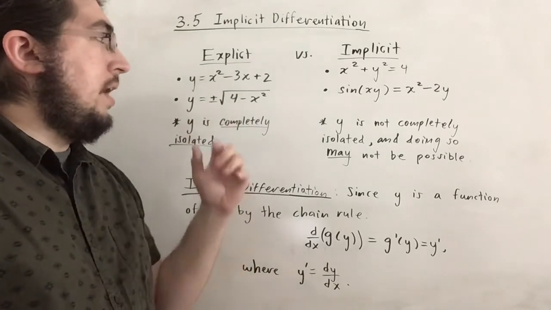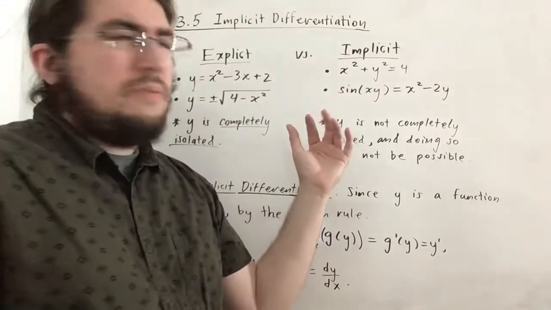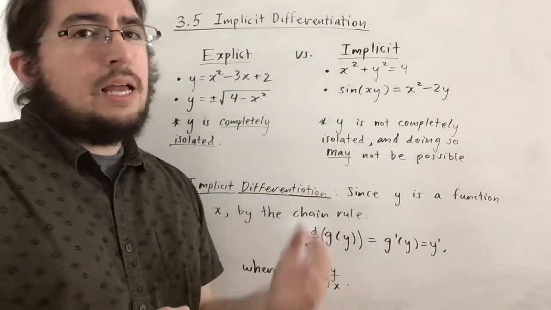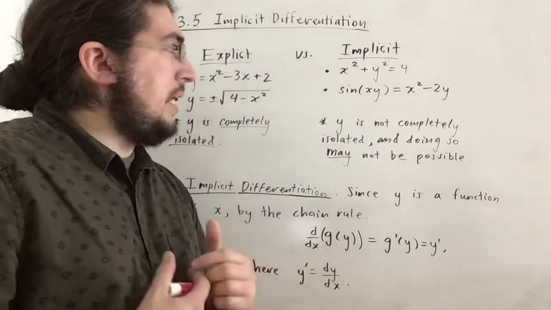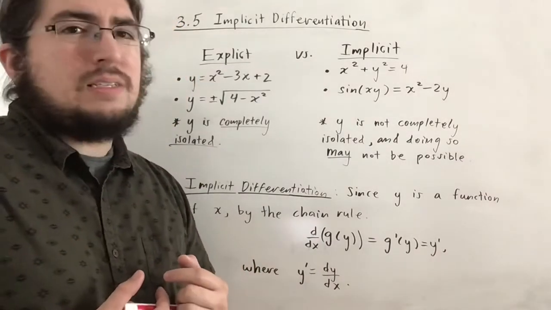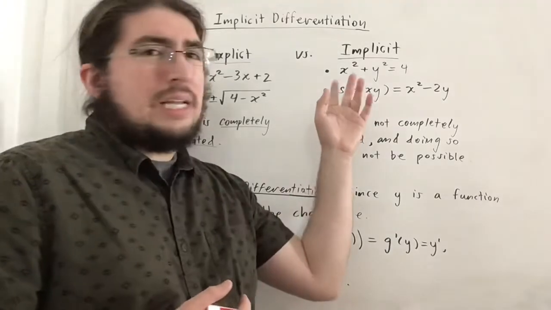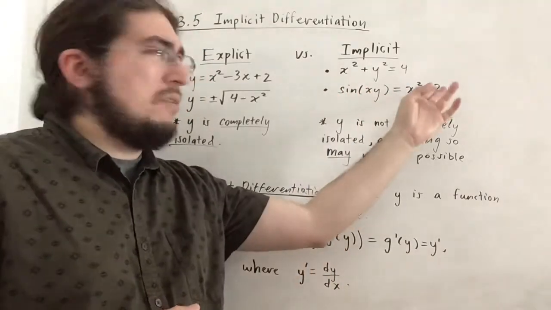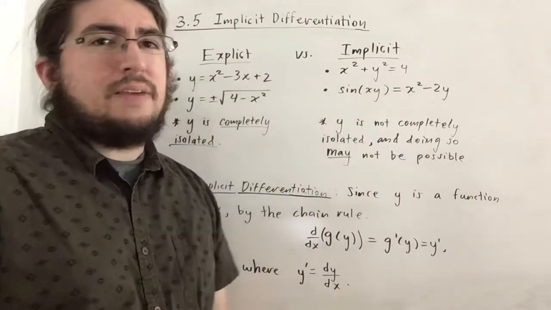All right. The second one, though, is a little different. This says sine of xy equals x squared minus 2y. Now, in this case, it's basically impossible to get y by itself. There are some things you can try to do, but it's almost impossible. So you can, let's say, take sine inverse of both sides to get xy, but then now this negative 2y is trapped inside of the sine inverse.